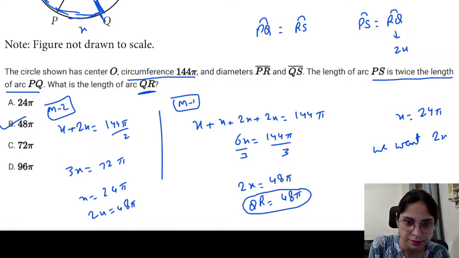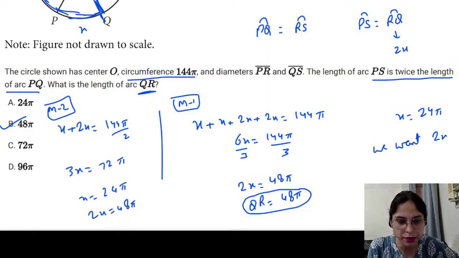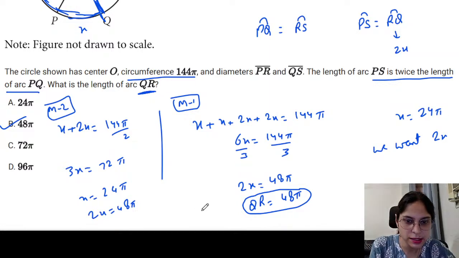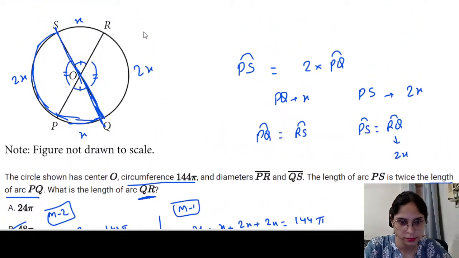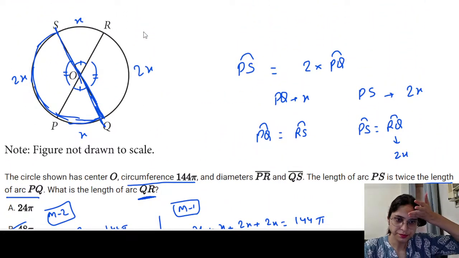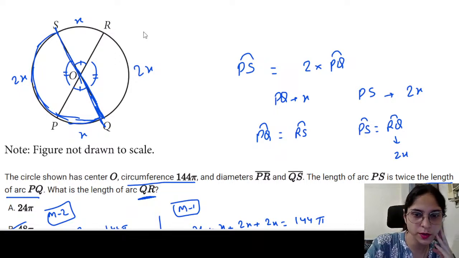So that was about this one, because arc length is given, the sum of all the arc lengths is equal to the circumference. Alright, so that's how we are doing this question. There are multiple ways of doing this question, but I think this is good for now.